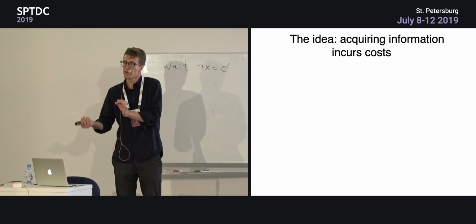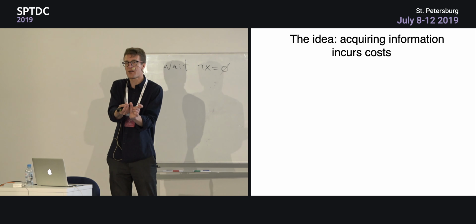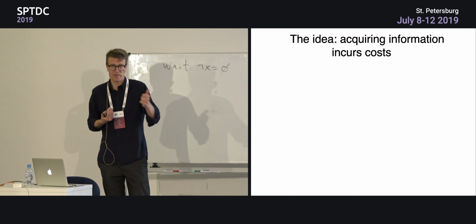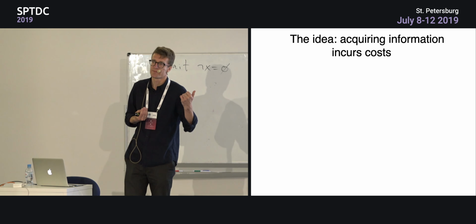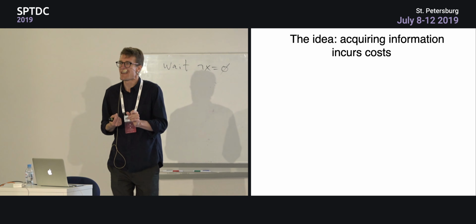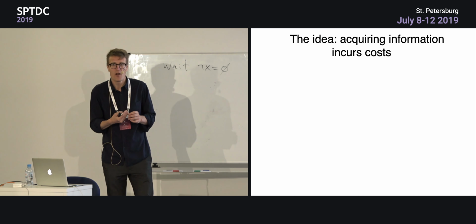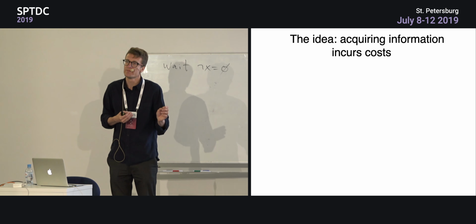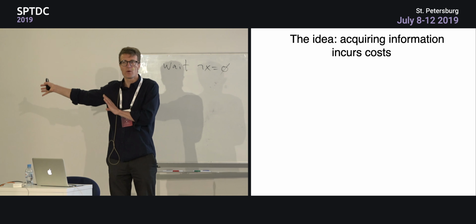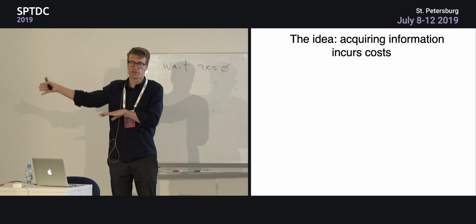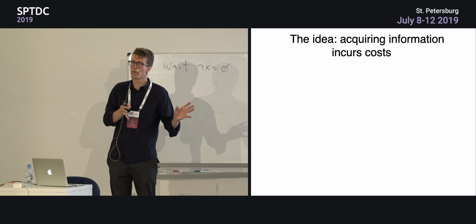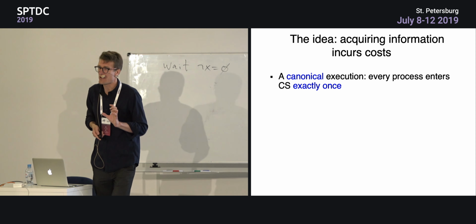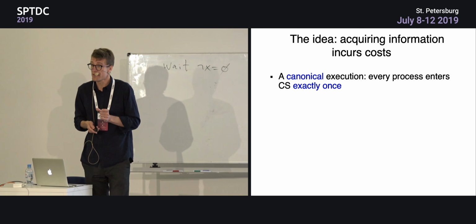Before you enter your critical section, you need to get some causal chain of events which tells you that this guy has left. So intuitively, you need to learn something about the prefix of critical sections preceding you. You don't care about the guys who enter the critical section after you, but you need to know something about what is before you. And this kind of acquisition of information incurs some costs.